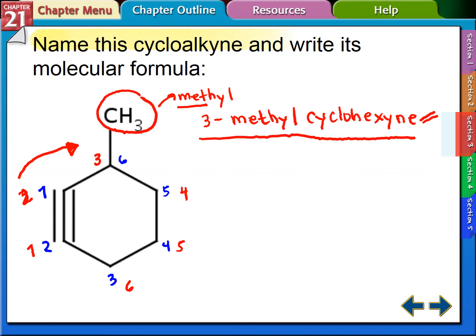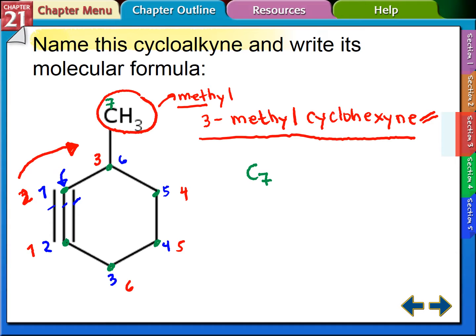So we have 1, 2, 3, 4, 5, 6, and we have the 7th carbon. So we will have C7. Now we need to identify the number of hydrogens. So this carbon here no longer contains a hydrogen, because it's already surrounded with 4 bonds.